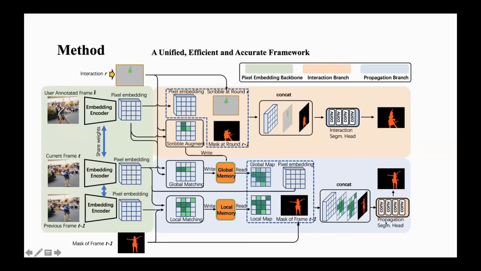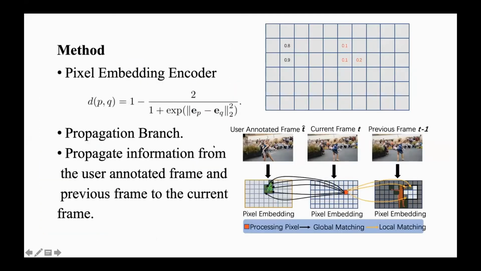And we use a propagation segmentation head with 4 convolutional layers to predict the mask of the current frame. Next, I will introduce the matching map and the memory modules in detail.